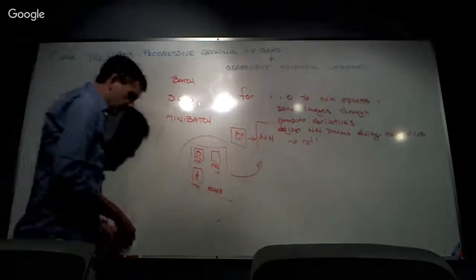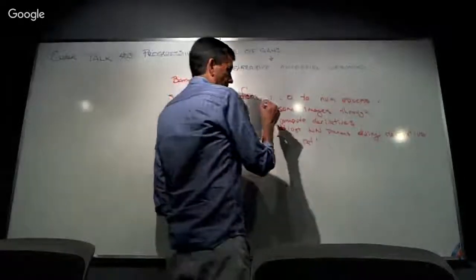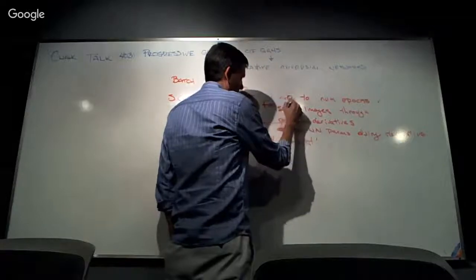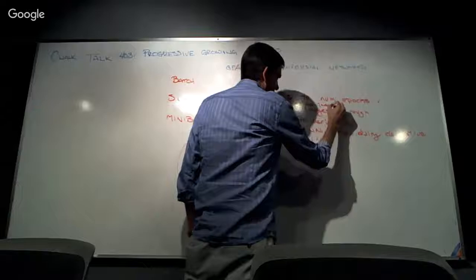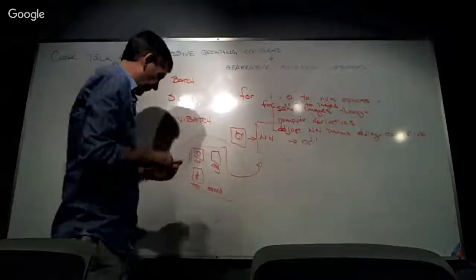On the other side of things, the stochastic gradient descent is basically saying, they put in a new loop, for j equals 0 to images. And we do this loop over and over again.